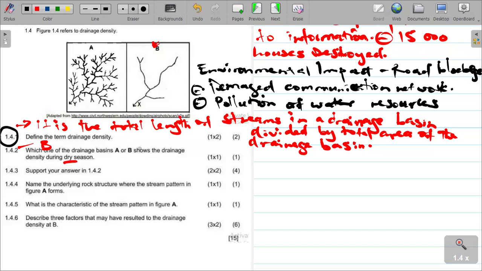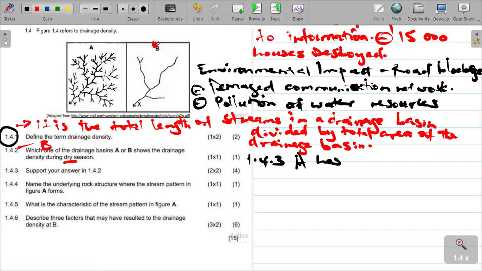In question 1.4.3, the reason B shows is that it has very few streams, compared to A, which has many tributaries.